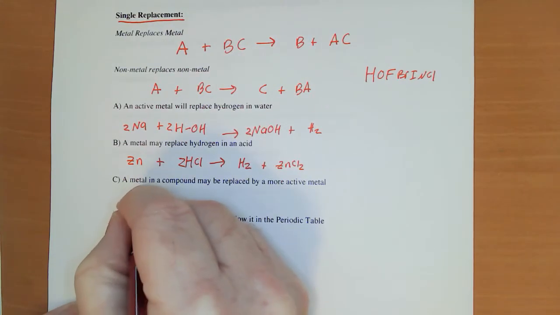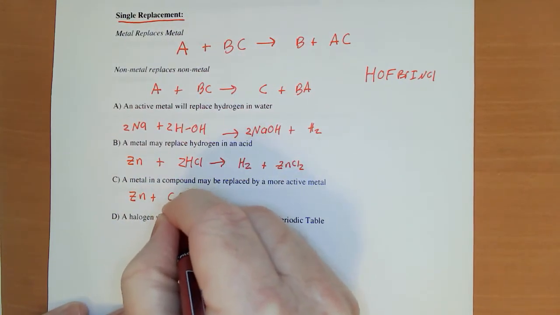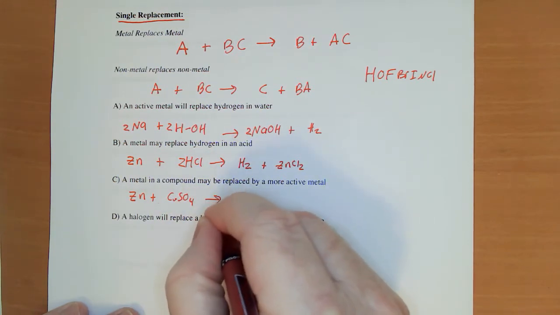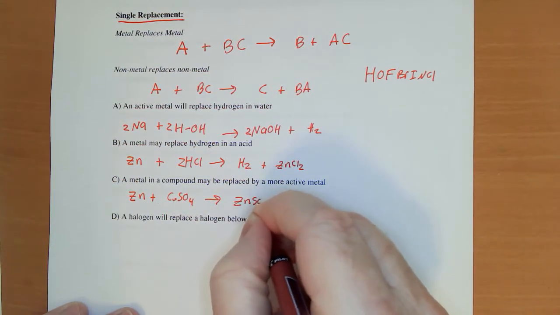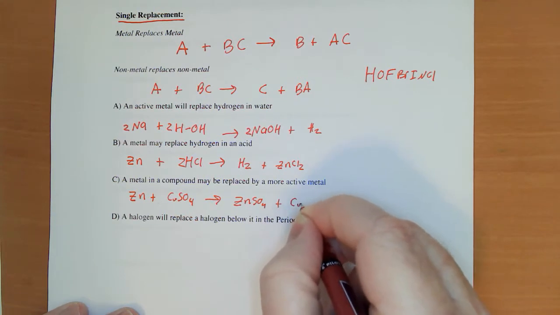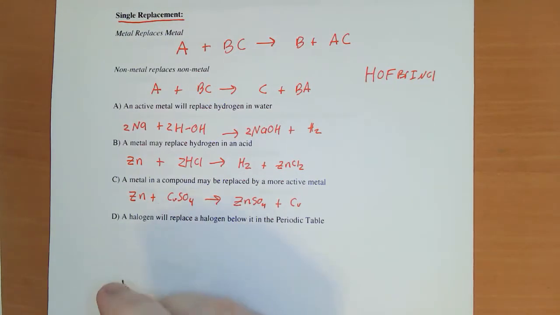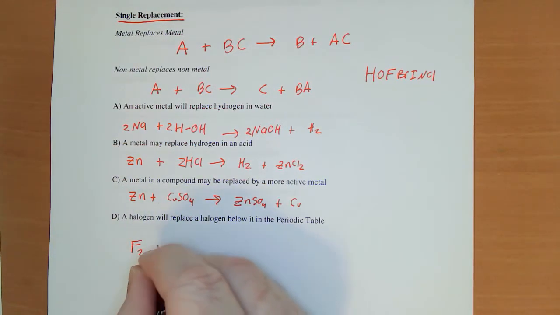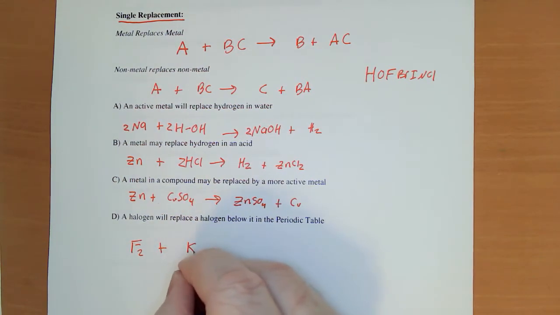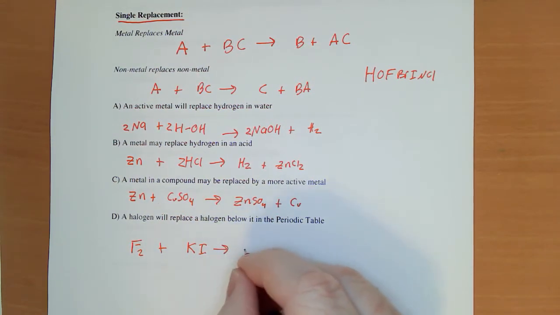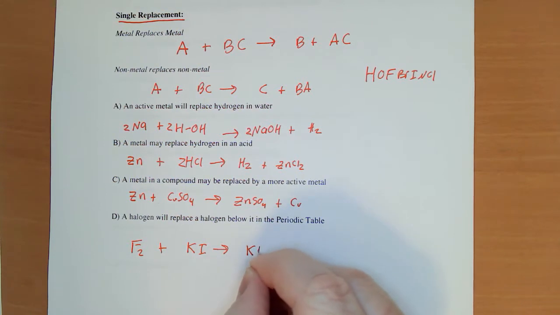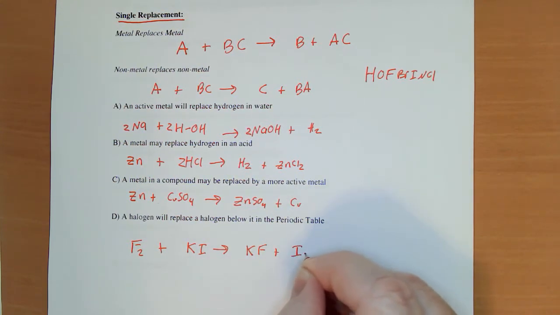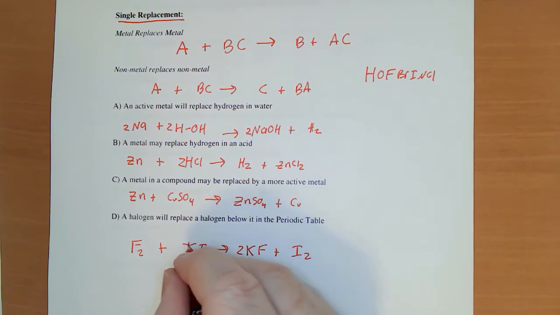So a metal can actually replace a less active metal. And a halogen can replace any halogen beneath it in the periodic table. Put a 2 there and a 2 there.